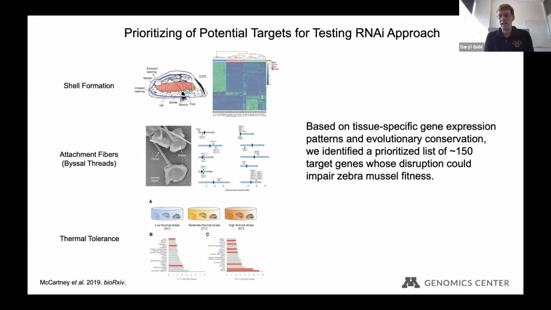Based on these initial experiments, we came up with a prioritized list of about 150 candidate genes that we felt were expressed at high levels in important tissues or involved in very important processes, which would make them potential targets for intervention and biocontrol.